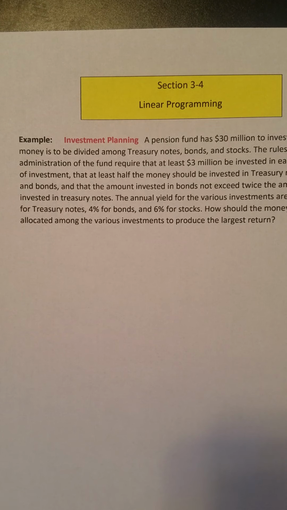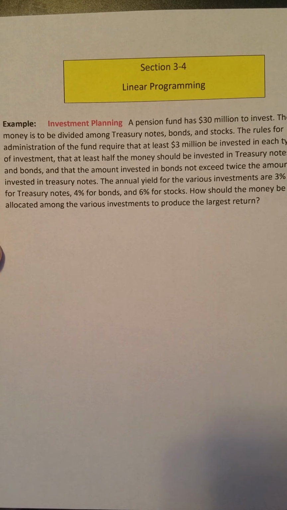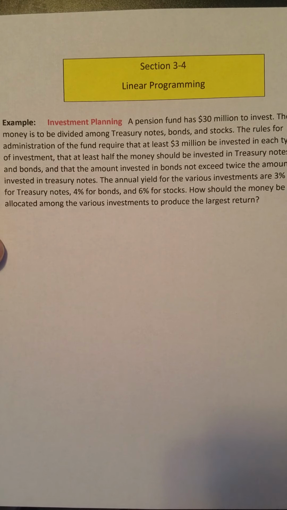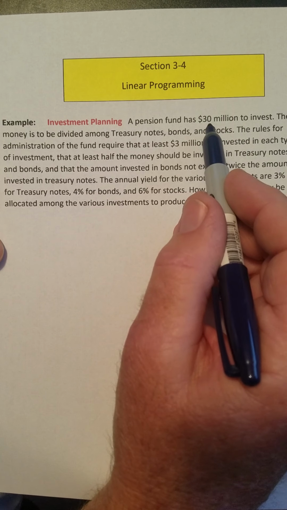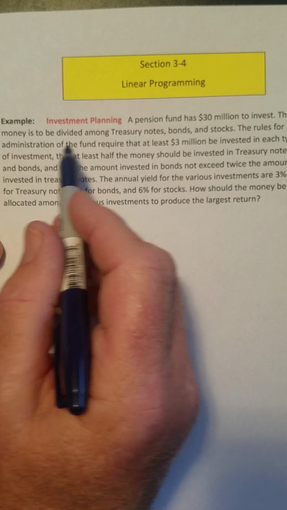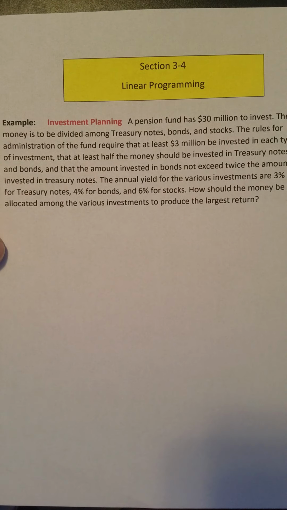And there's a lot of information here. Somehow we've got to organize it so we can put it together. So the pension fund has $30 million to invest, and we're going to divide it into three places. You got treasury notes, you got bonds, and you got stocks. My first inclination on that was to use X, Y, and Z, because you got three things there.